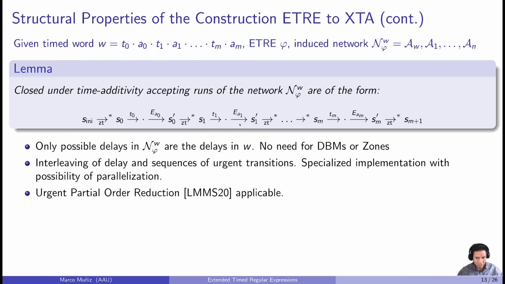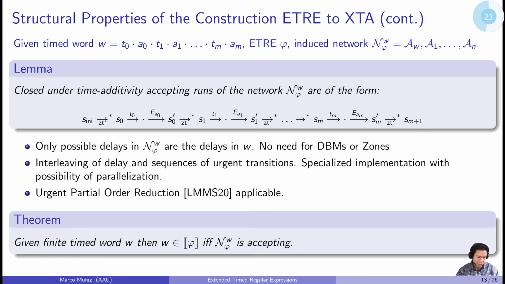So if your network is big with a lot of components, and there is urgency, then when there are interleavings, this partial order reduction will kick in. We have correctness: a word belongs to the set induced by a regular expression if and only if the network is accepting.